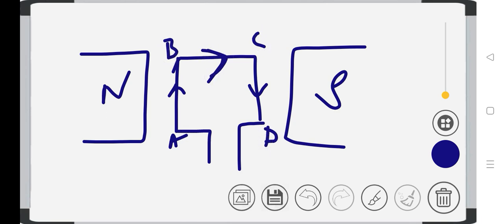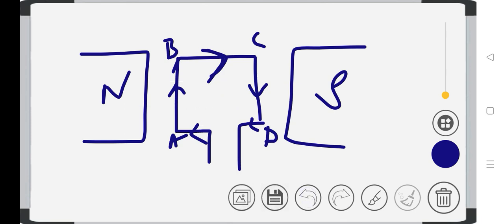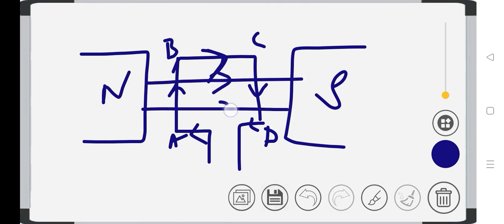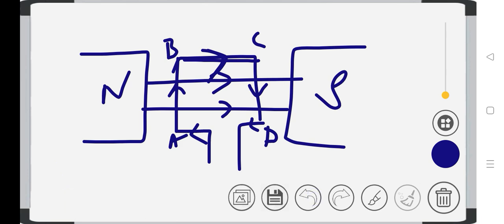Then the BC as well as AD portions don't contribute, because the magnetic field lines between these poles and the direction of BC and AD are the same, so the angle between them is 0. So F equals IL cross B equals ILB sine 0 in that case. So the magnetic force acting on BC and AD is 0. But in the case of AB as well as CD, the magnetic force is ILB.